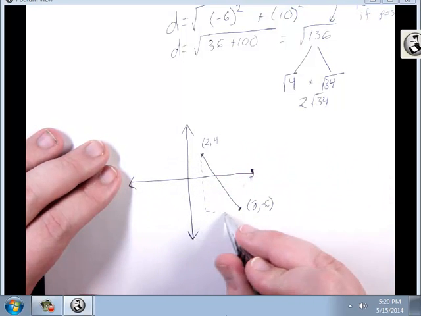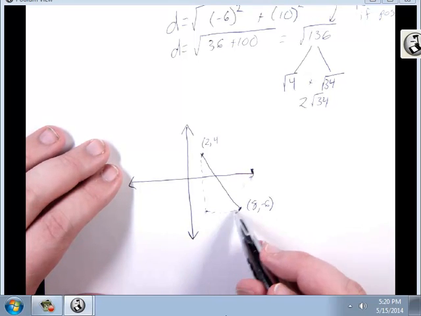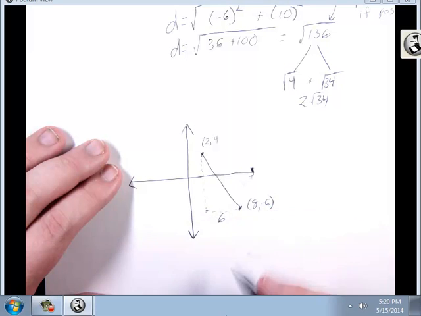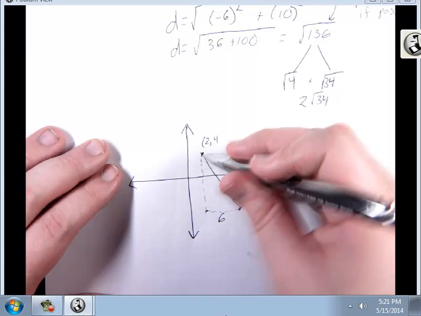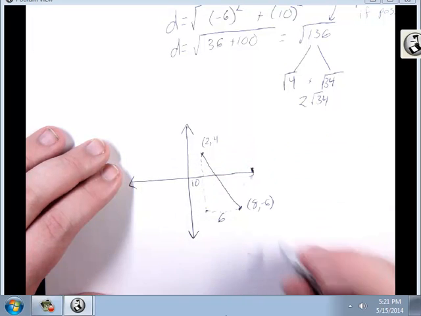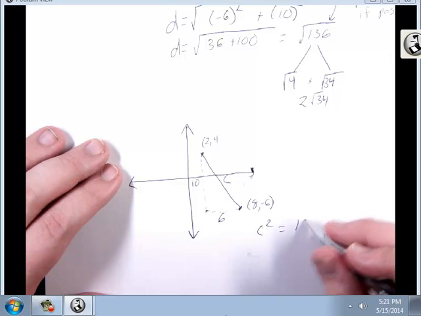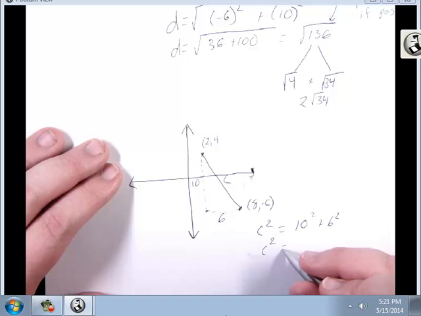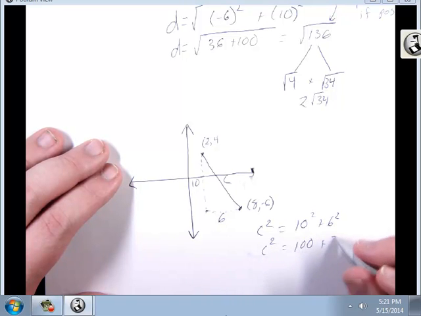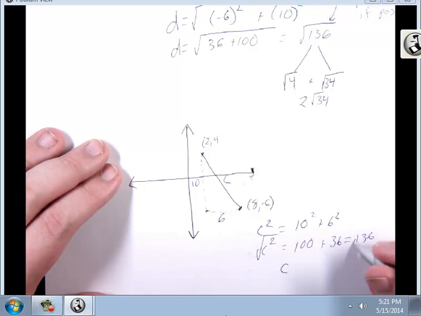Here I'm at 2, here I'm at 8, so this is 6. Here I'm at negative 6, so it gets me 6 up to there, plus another 4 is 10. And this is C, so C squared equals 10 squared plus 6 squared. Just like before.